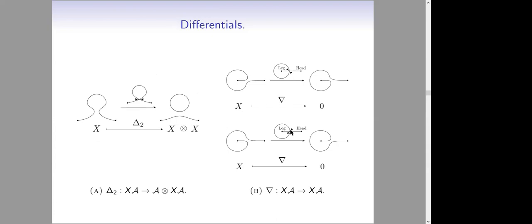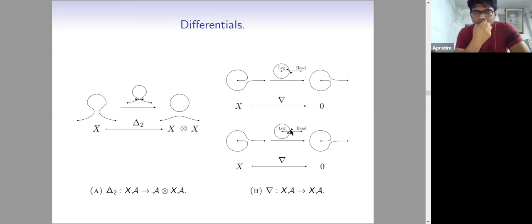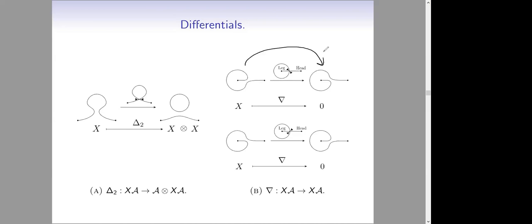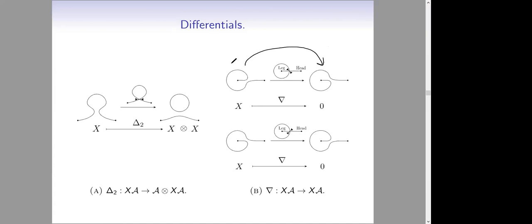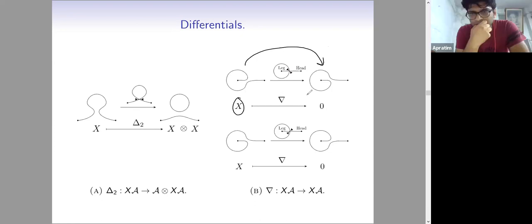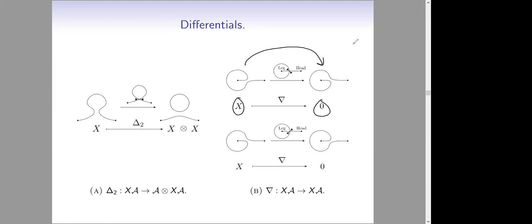You can have a segment component, and when you change one of the resolutions, it goes back to another segment component, like in here. So this map, this is a single generator x. We define it as the map nabla, the anti-Khovanov map, and x is mapped to 0. This is the definition.